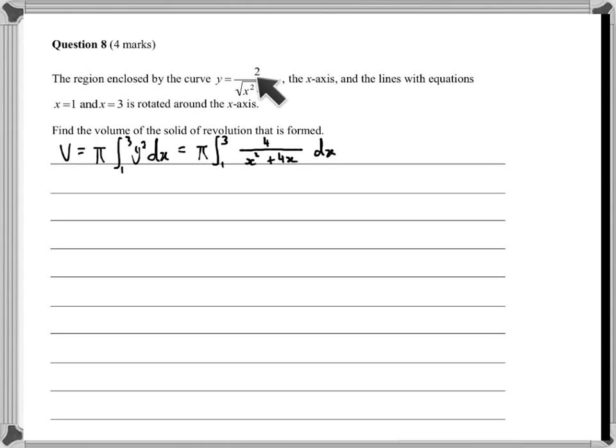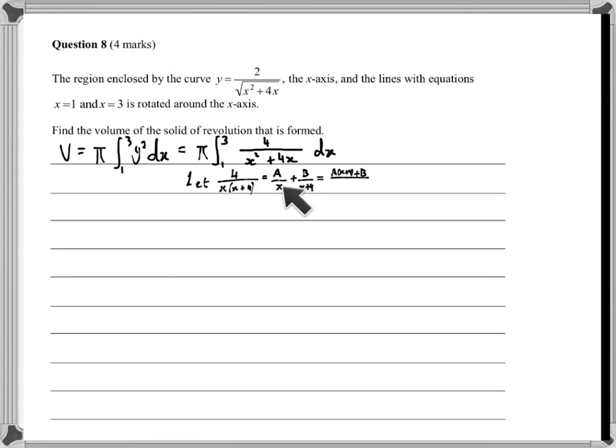We square the 4 to get 16, and we square the square root to just get x squared plus 4x. Then we notice we've got in the denominator x squared plus 4x. If I take out a factor of x, I've got two linear factors, and I'm going to separate these into partial fractions.